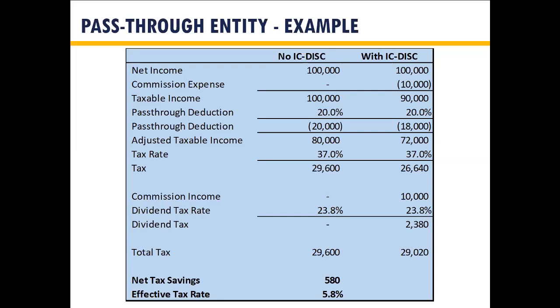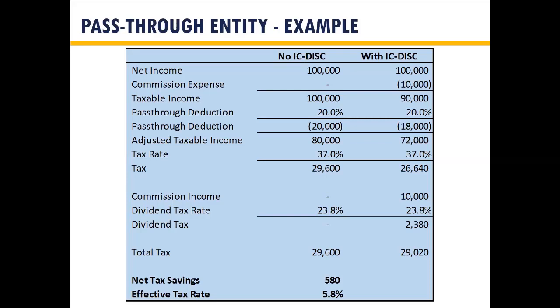Then down below, we have our commission income coming out as a dividend from the IC DISC to a shareholder, $10,000 taxed at the dividend tax rate. Assuming that the 3.8% net investment income tax applies and that we're in the highest capital gain tax bracket, that'd be 23.8%. So our dividend tax is $2,380.